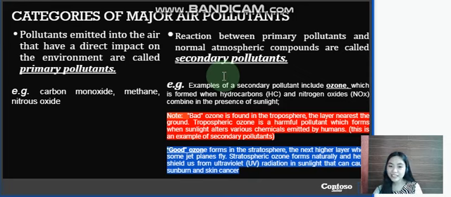Kapag sinabi naman natin secondary pollutants, this is the reaction between primary pollutants and other normal atmospheric phenomena or compounds na nag-combine sila together causing the secondary pollutants.